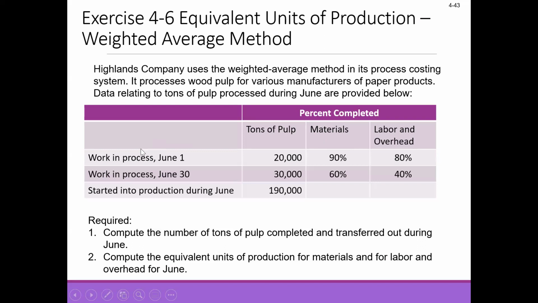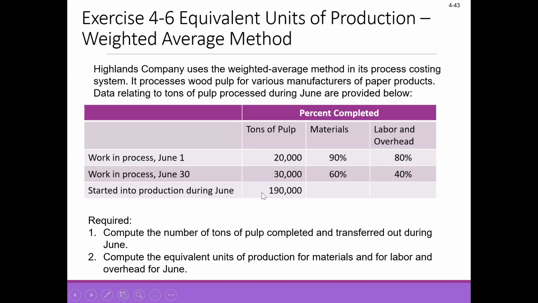At the end of the period, it shows 30,000 were still in work in process, with 60% completed with materials, 40% completed with labor and overhead. And we started into production during June 190,000 units.